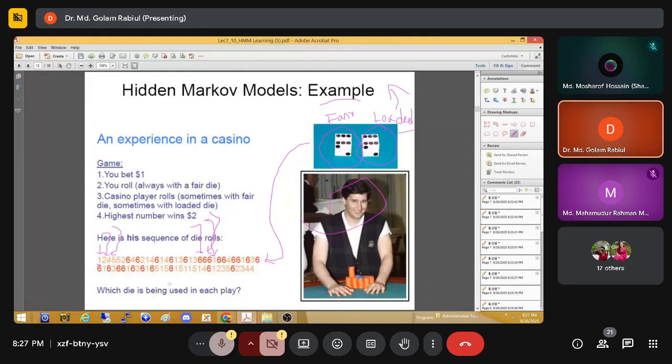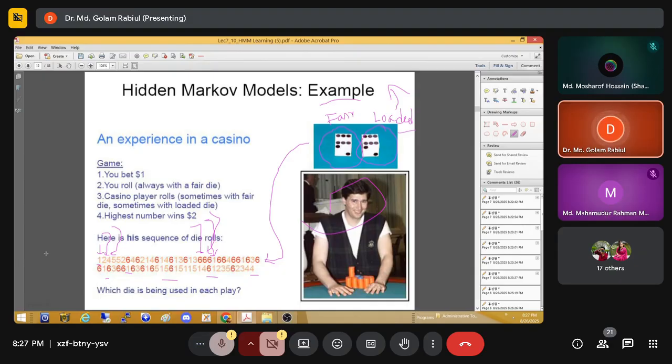Those are just observations, but we don't know whether the dishonest casino player used the fair die or the loaded die. We want to know when the player used the loaded die and when the fair die.